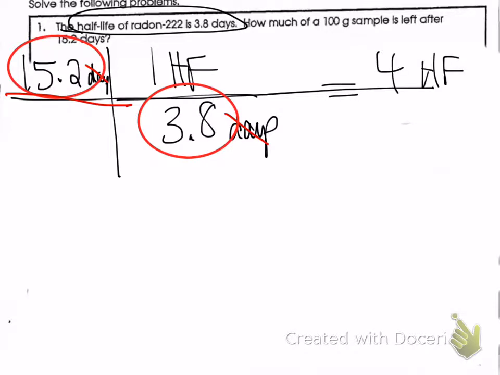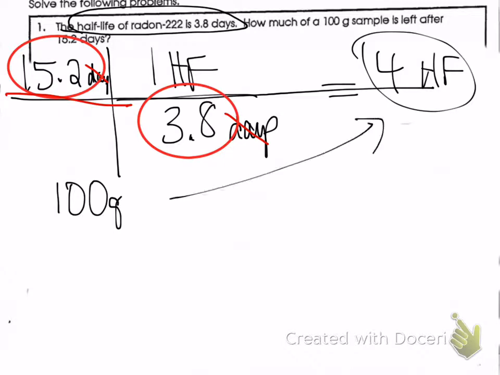Now that we know our number of half-lives, which is 4, we're going to take our 100-gram sample and divide it in half 4 times.